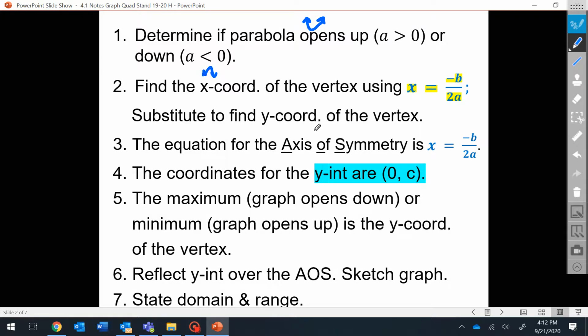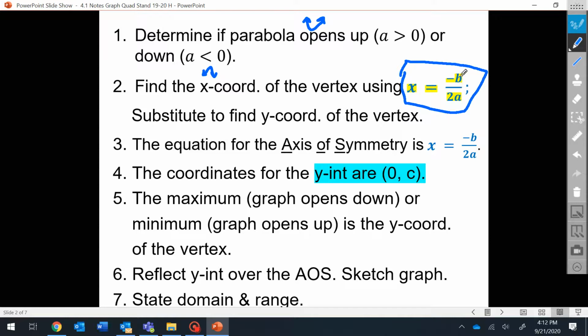After you have determined whether it opens up or down, you will find the x-coordinate of the vertex, which is that low point in this case, or the high point if it opens down. Find the x-coordinate of the vertex by using this equation: x is equal to -b divided by 2 times a.